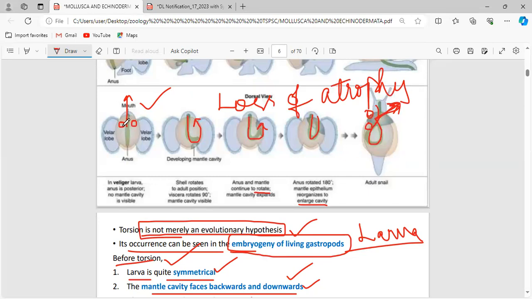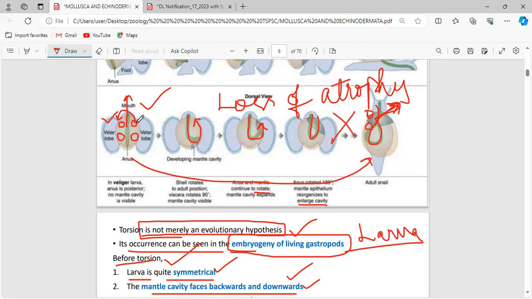See, what occurs in pairs initially will not exhibit such pairs as a result of torsion, and the same pair will be in the same location, on the same side.